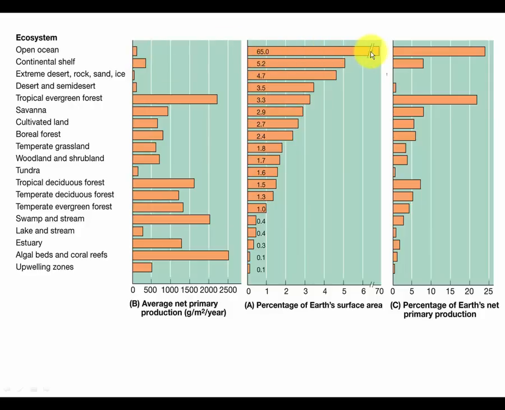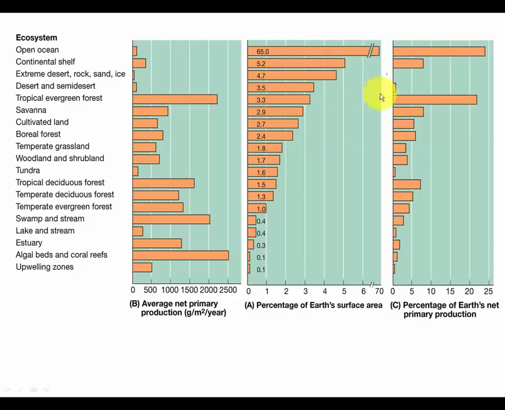But so much of the world is open ocean that open ocean contributes more to global productivity than any other ecosystem. Okay, so open ocean is basically an impoverished place if you're a producer, but there's enough of it that the productivity of the ocean drives the global production of biomass.